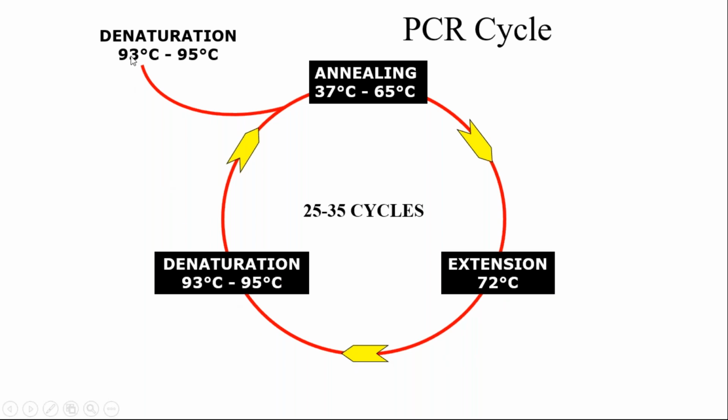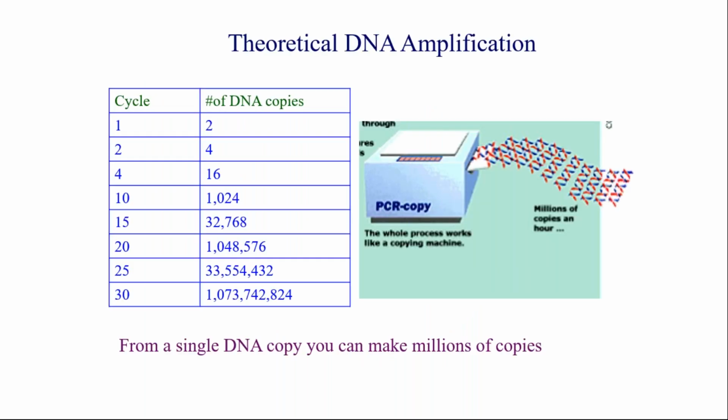So now this cycle can keep continuing, and at the end of about 25 to 35 cycles, you will see that the amount of DNA increases by 2 to the power of 25. There is an exponential amplification of the gene.